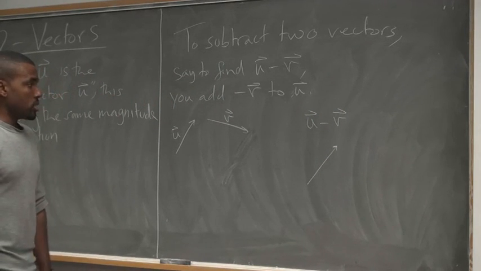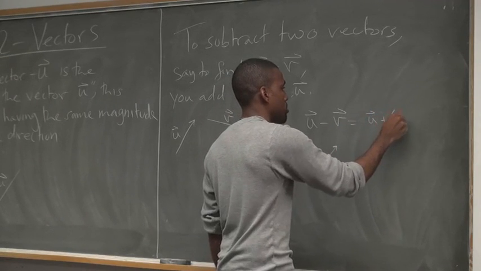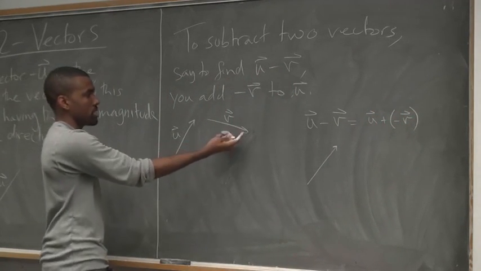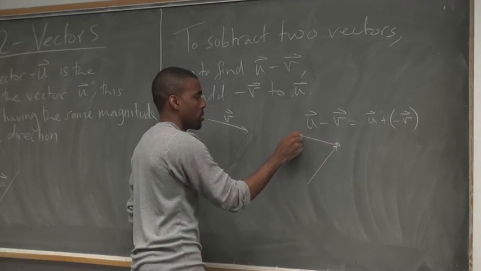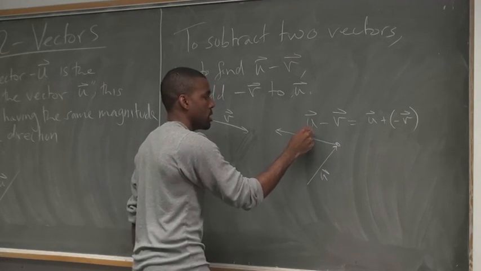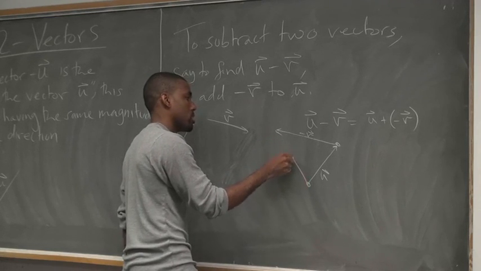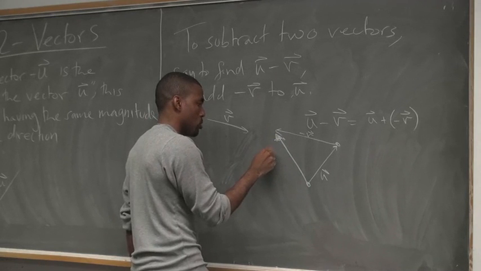Now, minus v, you think of it as u plus minus v. So you add the negative. The negative of v is just going to be the vector that flips in the opposite direction. So here's your u, here's your negative v, and you add those, which means your initial point starts here and your final point is there. So this is the vector u minus v.